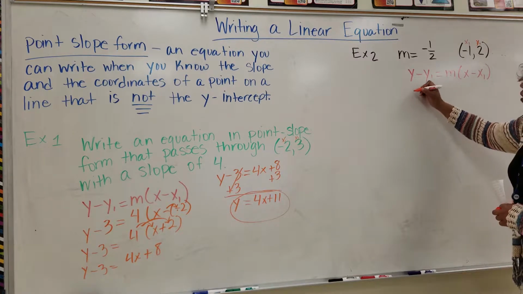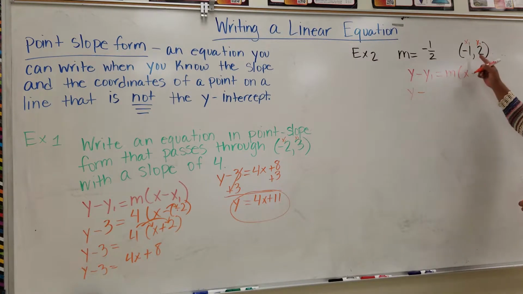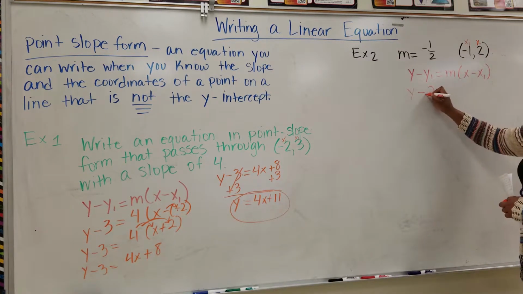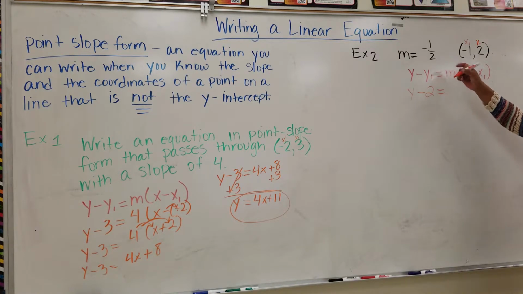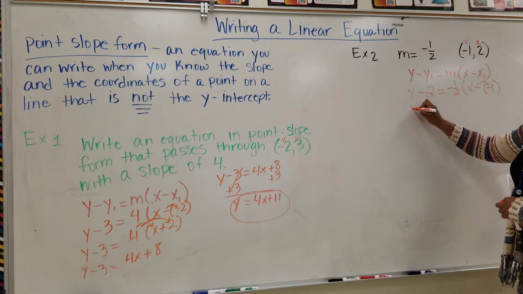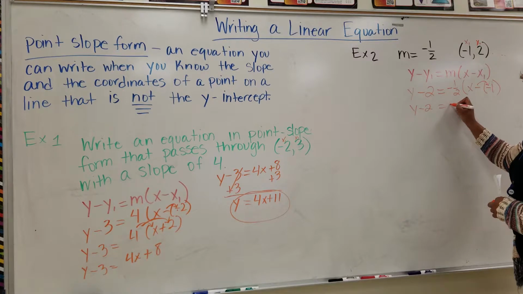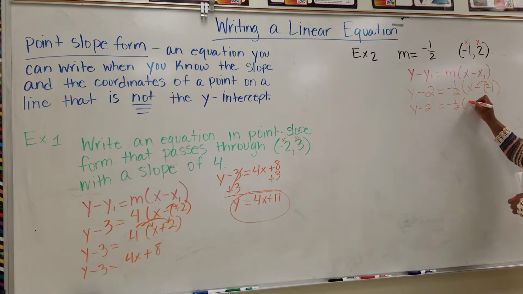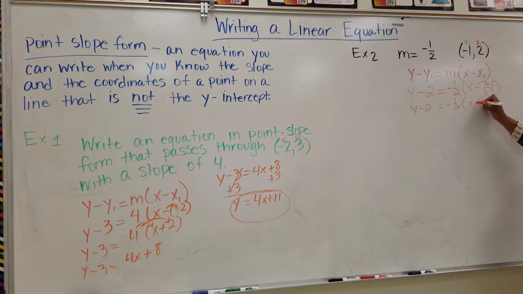So we have y minus our y1 is 2 equals m, which is -1/2 times x minus our x1 is -1. Again, we got to distribute that sign. So y minus 2 equals -1/2 times x, and negative and negative make a positive 1.